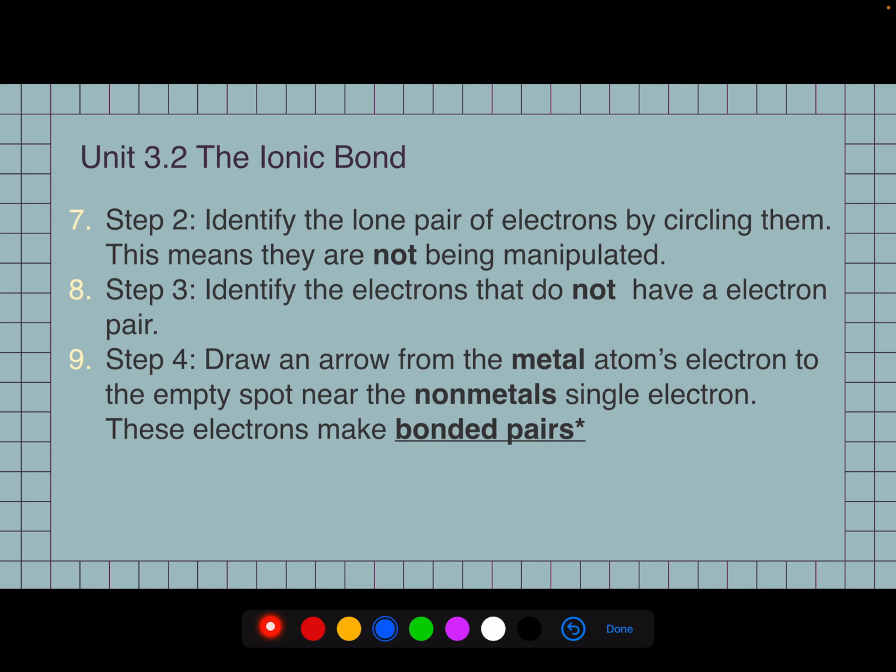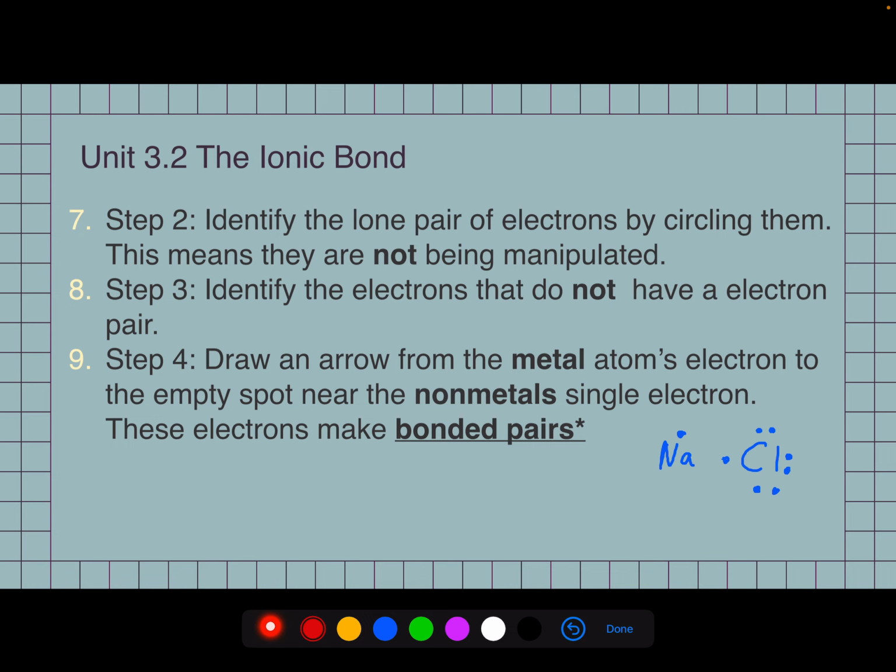Here, for another quick example, we have again our sodium and our chlorine. Chlorine has 7. If you notice, I went clockwise around. The lone pairs we aren't going to touch.